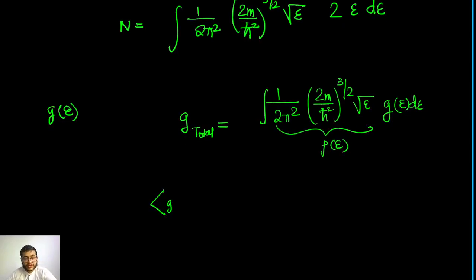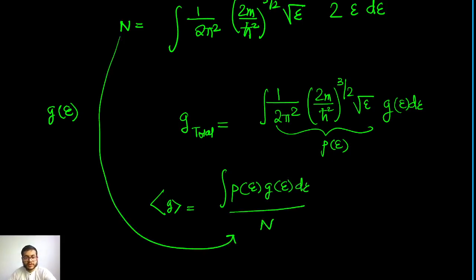And if you want the average g, then you do the integral of rho(E) g(E) dE divided by N, where N is the total number. So this is how we can calculate the total and the average of any property within this system. We can calculate the total property of E square, sine of E, any function you give, and say what is the average value of that function in the total system.